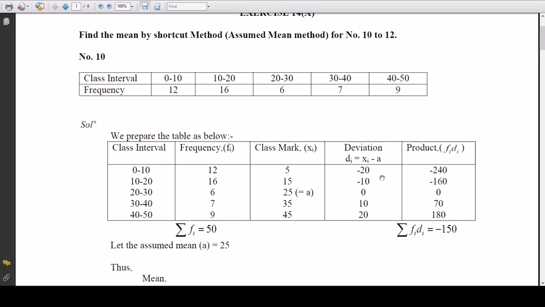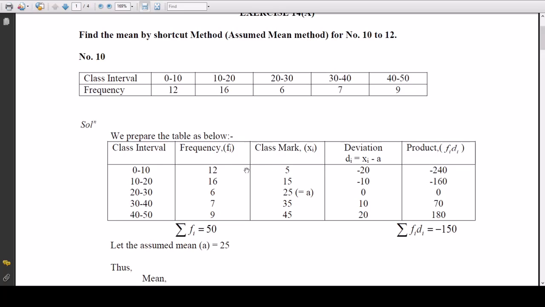Now what should be the product? Not xi fi, it will be fi di. In the previous method, we found the product of xi fi, isn't it? Now here the product we are going to find is the deviation with the frequency, not the class mark.